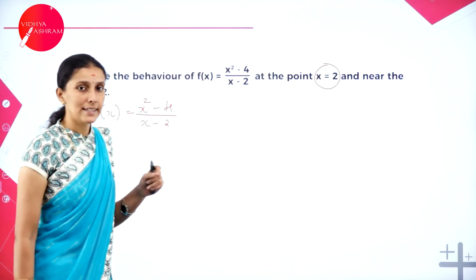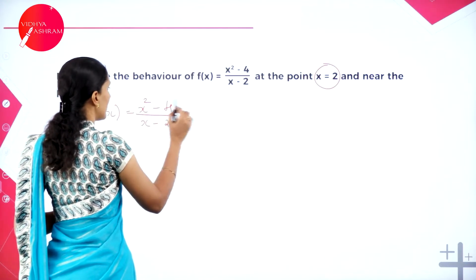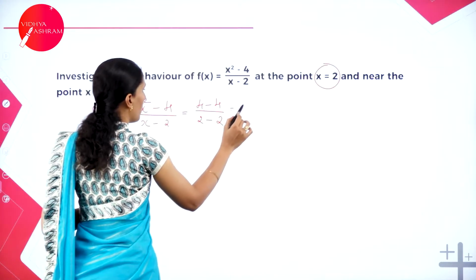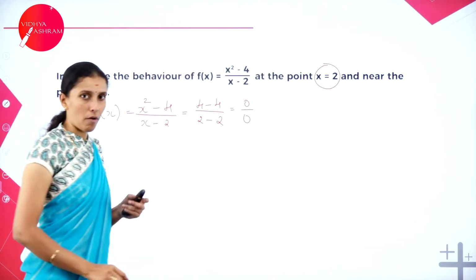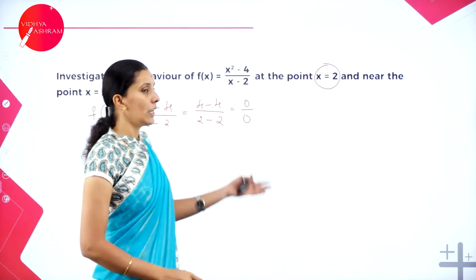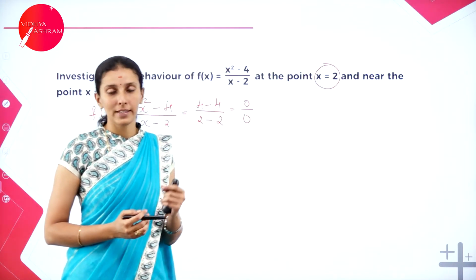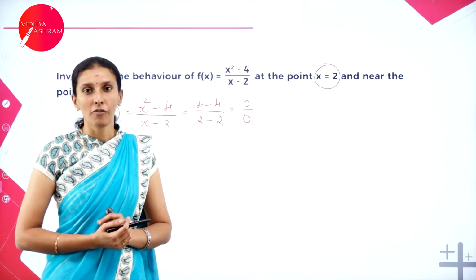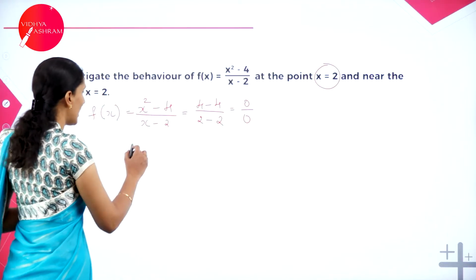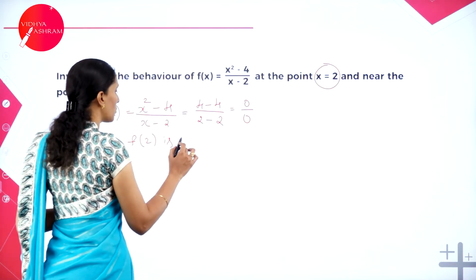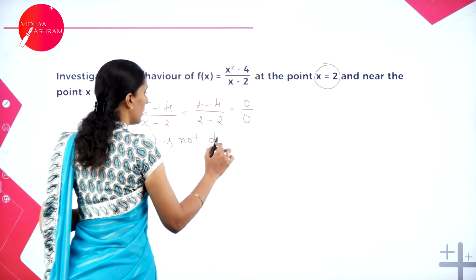What happens at x is equal to 2? So, at x is equal to 2, it is 0 by 0, which is an indeterminate form, which is not defined because the denominator cannot be equal to 0, which is undefined, or we say it as indeterminate form. So, thus we say that f of 2 is not defined. So, we write therefore f of 2 is not defined.